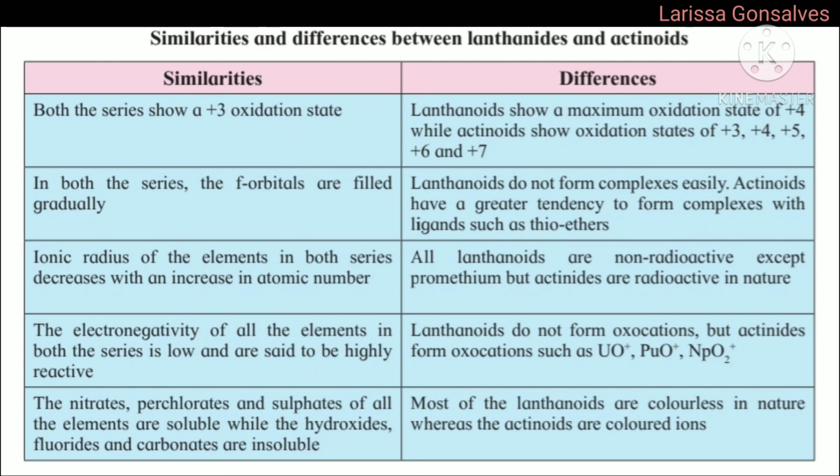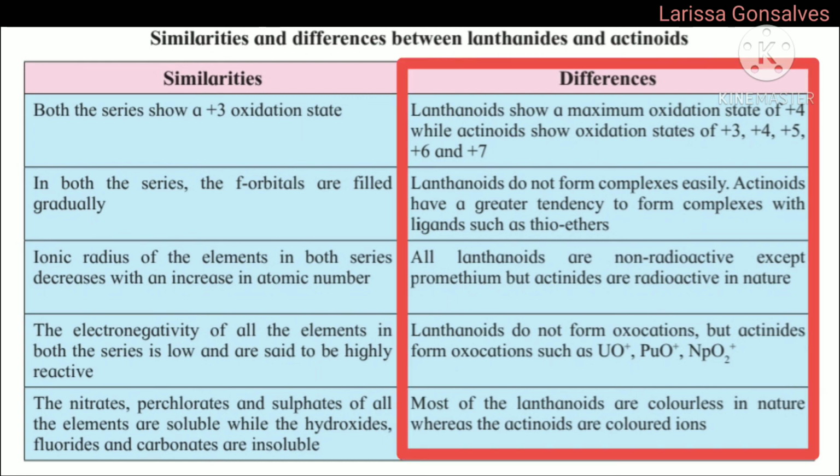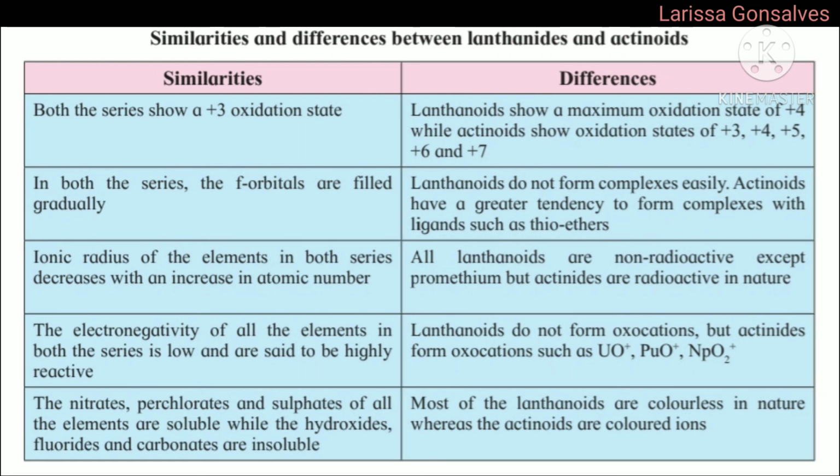The differences between the lanthanoids and actinoids are: lanthanoids show a maximum oxidation state of +4, while actinoids show oxidation states +3, +4, +5, +6 and +7. Lanthanoids do not form complexes easily, while actinoids have a greater tendency to form complexes with ligands such as thioethers.